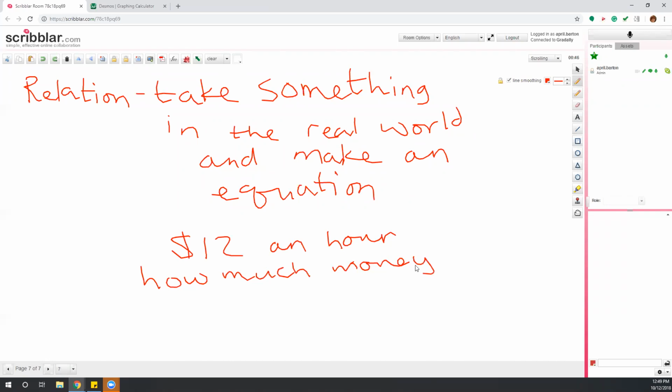Or how much we made that day, or for 23 hours? The X would be the number of hours. The X is the variable that changes, and the amount of hours you work can change. You're always making $12. That never changes. But the amount of hours changes. So this changing amount is the X.